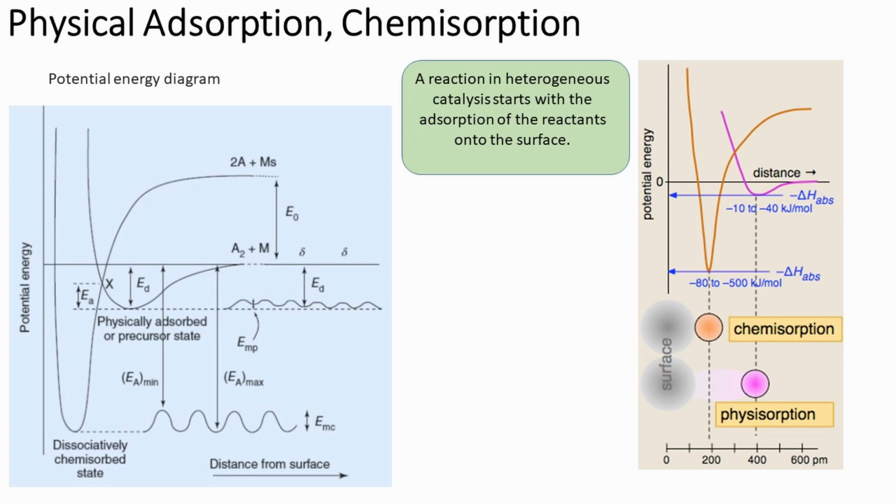Remember that physical adsorption is characterized by enthalpy changes that are small, typically in the range of 10 to 40 kJ per mole, whereas heats of chemisorption are rarely below 80 kJ per mole and often exceed 400 kJ per mole.